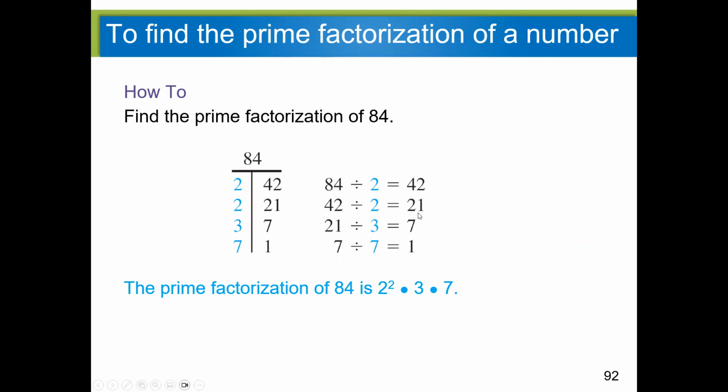Okay, is 21 factorable? Yes. I can do the long version, or I can notice that the digits of 21 are 2 and 1. 2 plus 1 is 3, and 3 is a factor of 3. So therefore 21 is divisible by 3. 21 divided by 3 is 7, leaving me only with 7 as a factor, where 7 divided by 7 is 1. I'm done factoring, I'm down to 1.